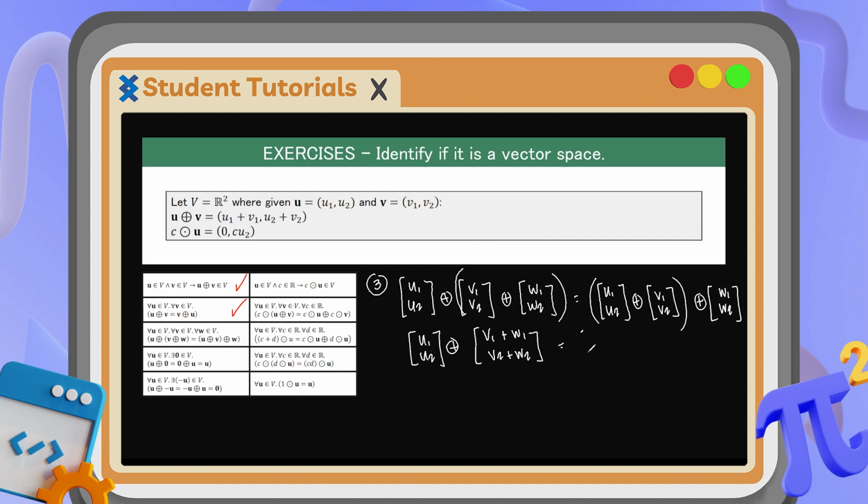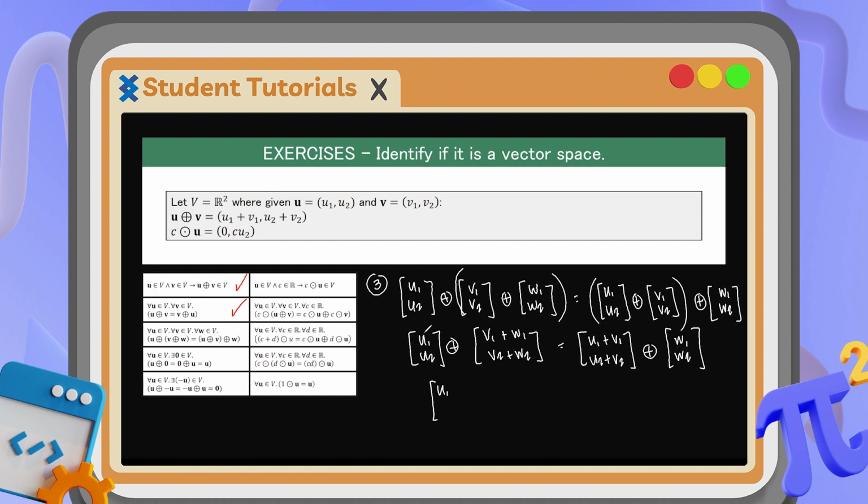And for the right-hand side of the equation, that gives us u1 plus v1, u2 plus v2, and then the vector operation for vector addition and w1, w2. And then from there, we apply these two together and again, follow the same rules as provided in the definition of vector addition for this example.